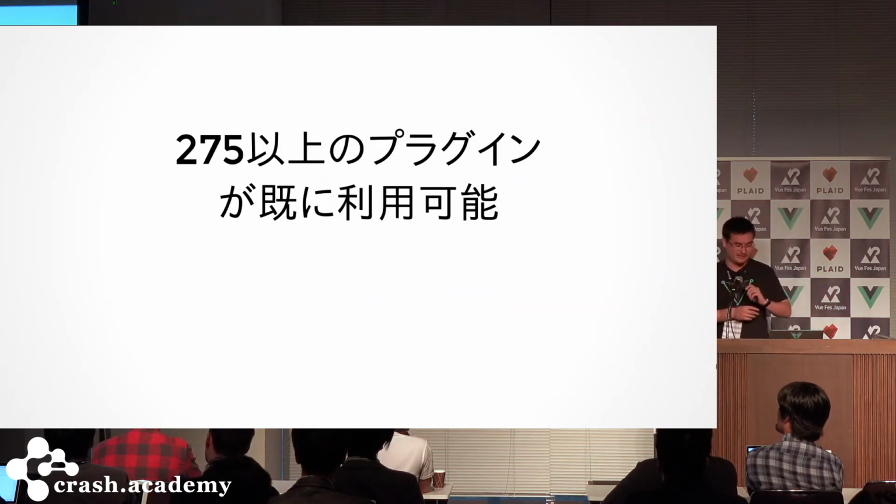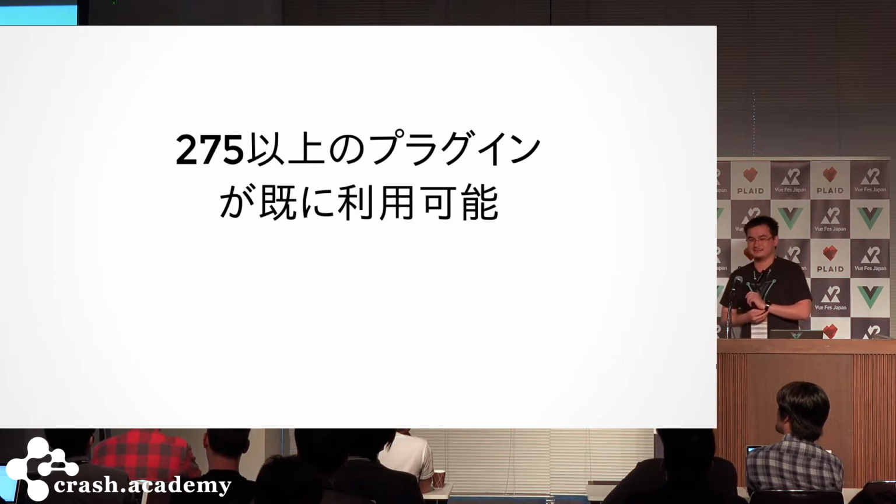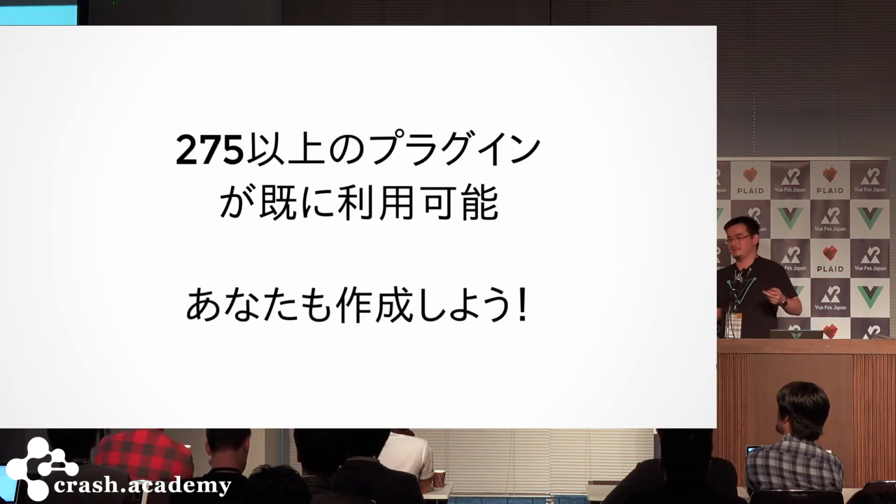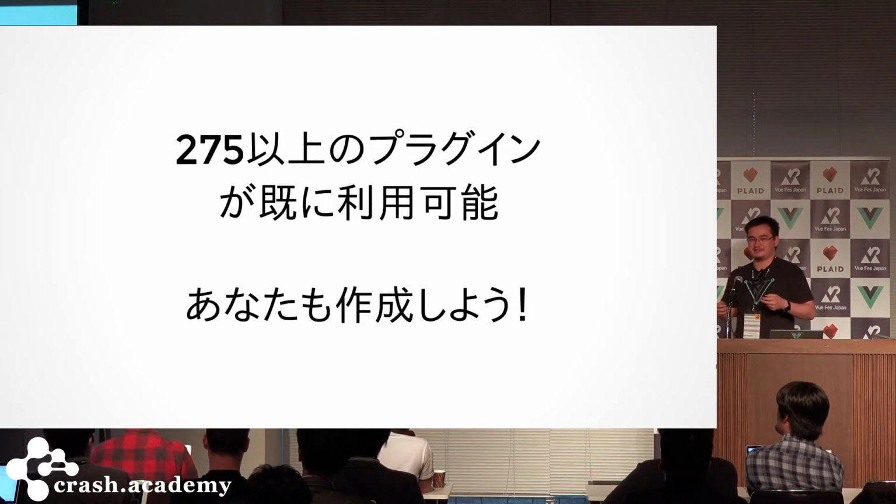So we have exactly 275 plugins right now on NPM. So this is awesome, and you can also create your own because we have, as I said in the beginning, a very powerful API, so you can create your own as well.